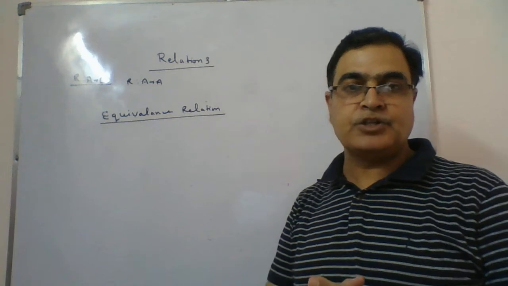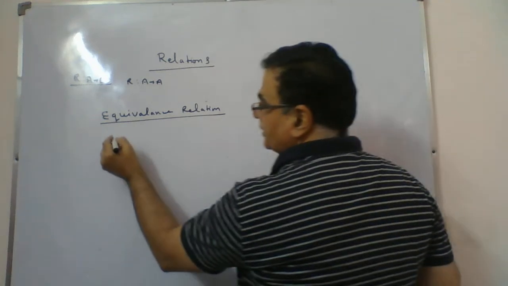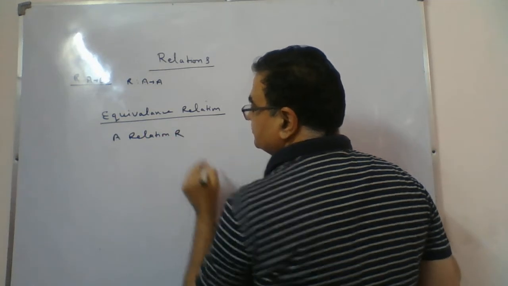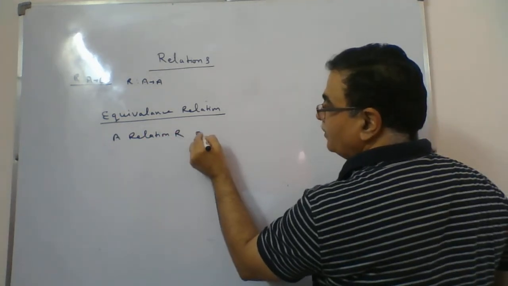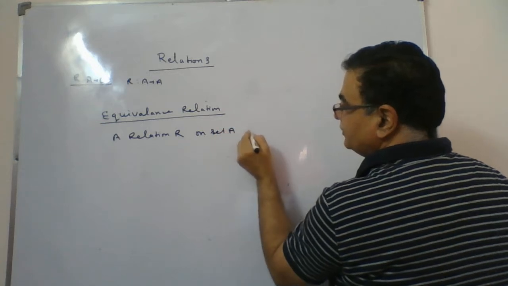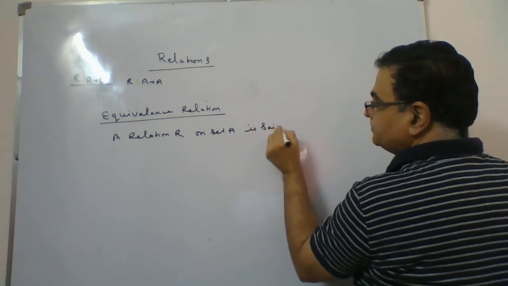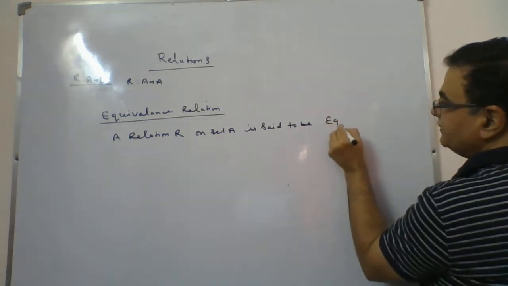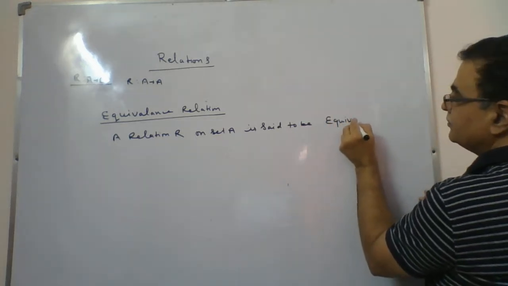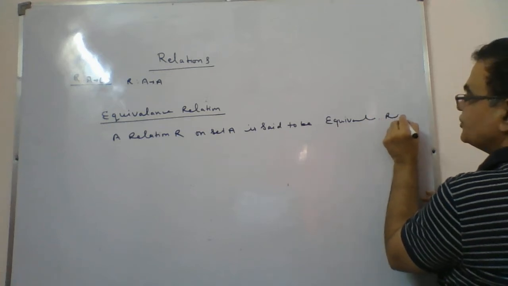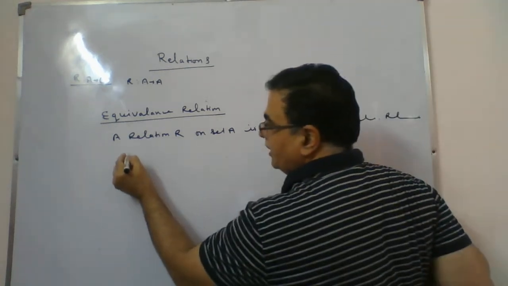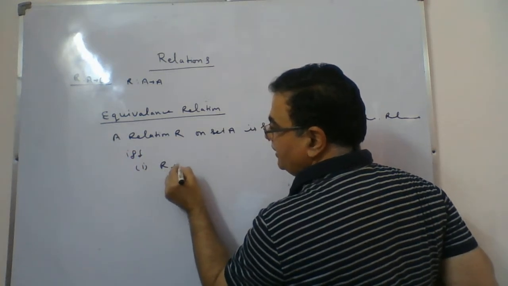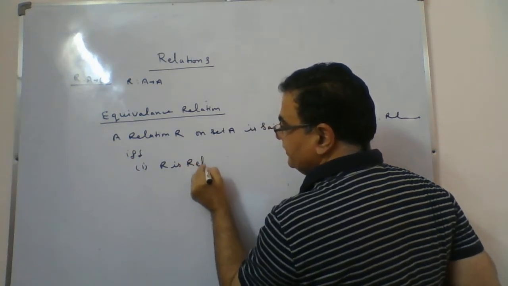What does the equivalence relation say? A relation R on set A is said to be an equivalence relation if and only if, first, R is reflexive.